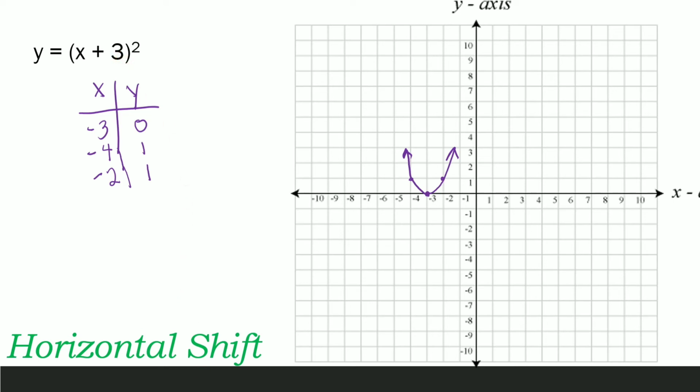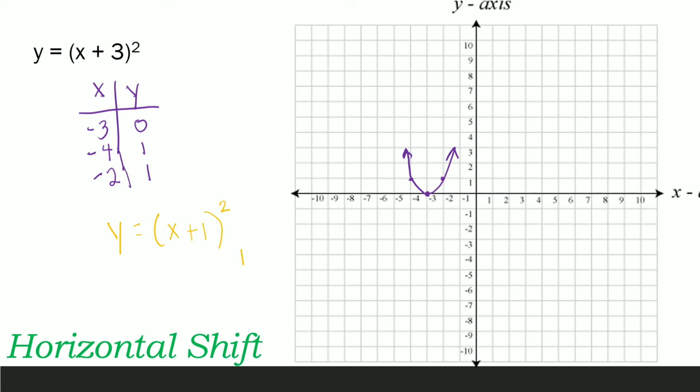Similarly, if we have, let's say for example, y equals quantity x plus 1 squared. Yan naman ay 1 unit to the left. Pakaliwa din.